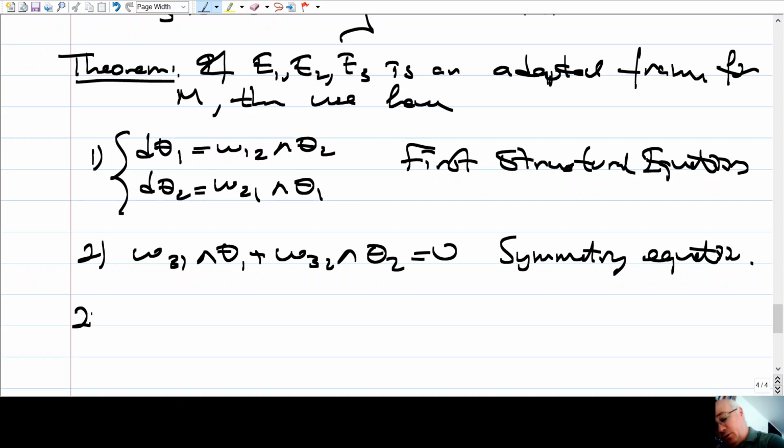And the third one, Gauss's equation: d omega 1 2 is just omega 1 3 wedge omega 3 2. So this is Gauss equation.